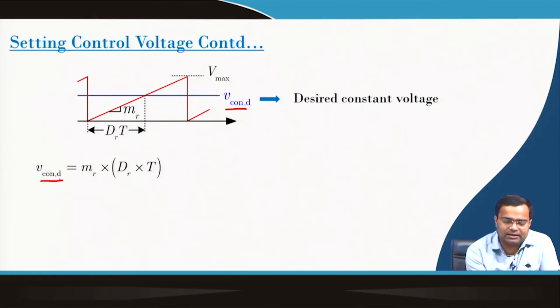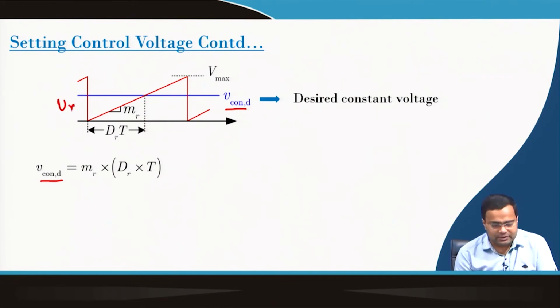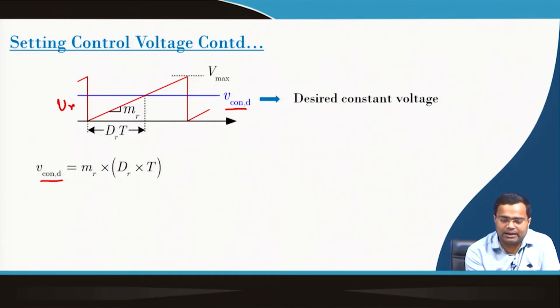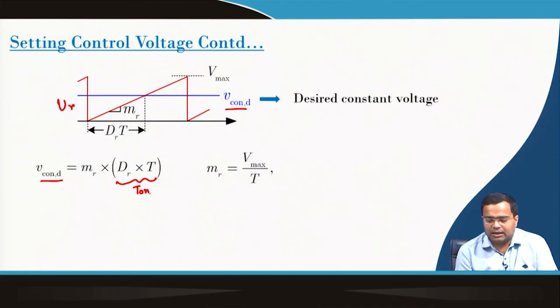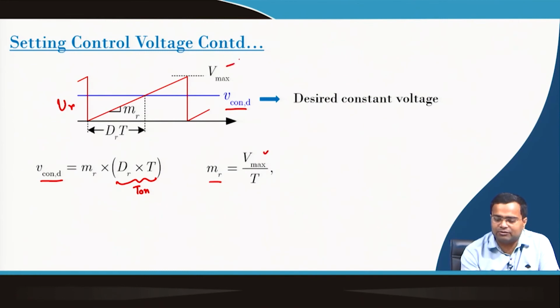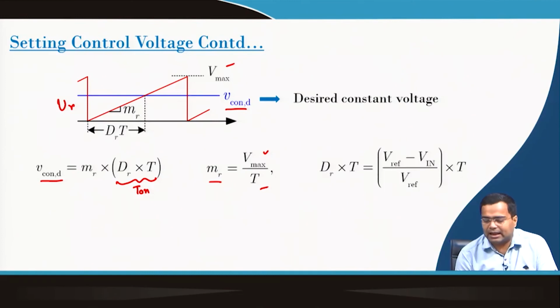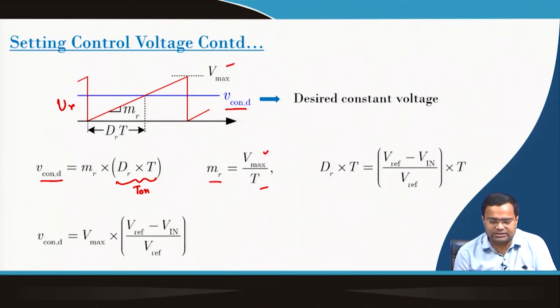So, V con D: if we know the ramp slope MR, this is my ramp signal, then I can multiply this ramp slope by the desired on time. For a given maximum value and given T, I can find out the ramp slope, and from the equation dr into T, all this I know.